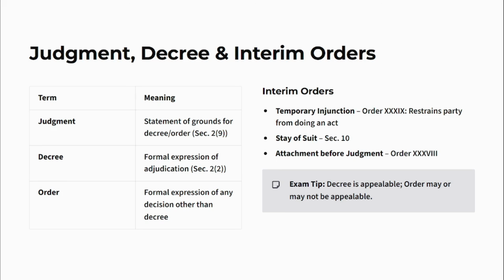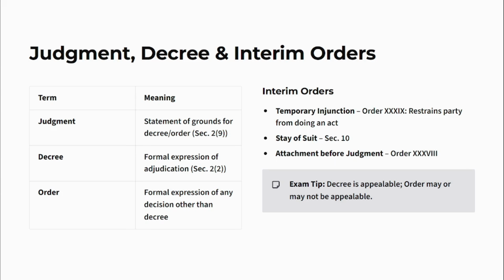Order: any formal decision of the court that is not a decree. Okay, remember, a decree can always be appealed. An order may or may not be appealable, so it depends on the rule.